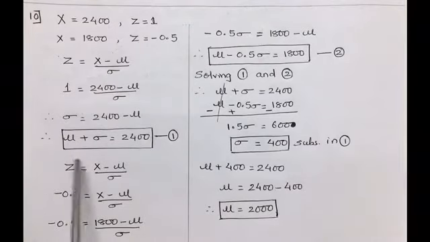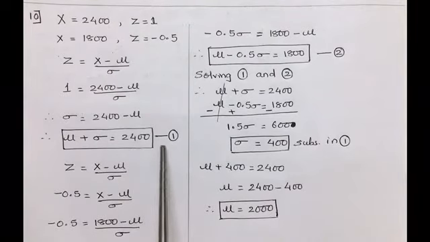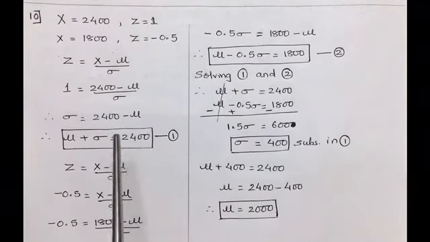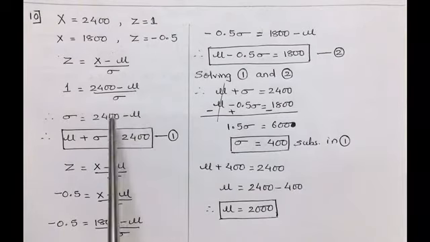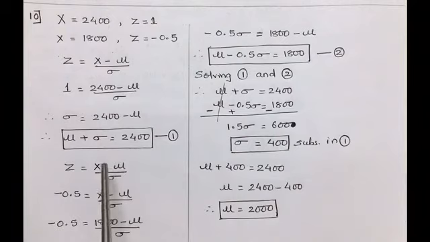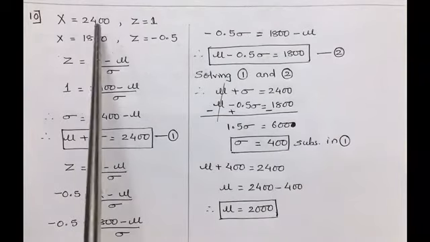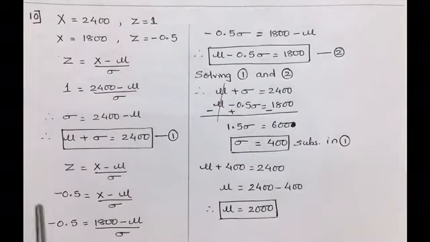Now this equation what we got, we'll mark it as 1, because to calculate mu and sigma we have to make two equations and then solve both the equations with the help of elimination. This equation we got from the first value of X and Z.